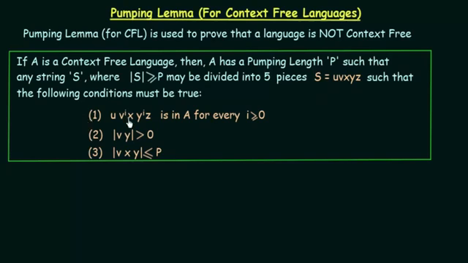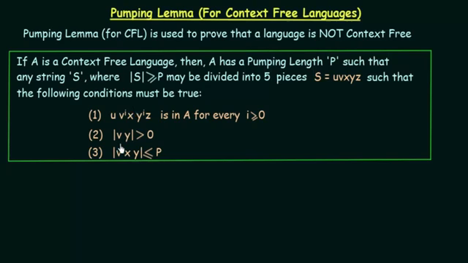U V^i X Y^i Z is in A for every i greater than or equal to 0. So you have divided S into U, V, X, Y, and Z, and here if you raise V and Y to the power of i, where i is greater than or equal to 0, then the string that you get even after doing this should also be in A. That means that string also should belong to the language A.